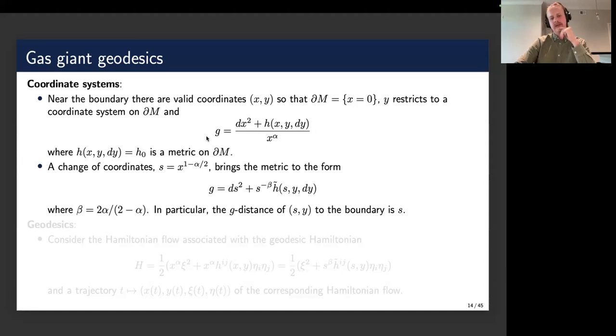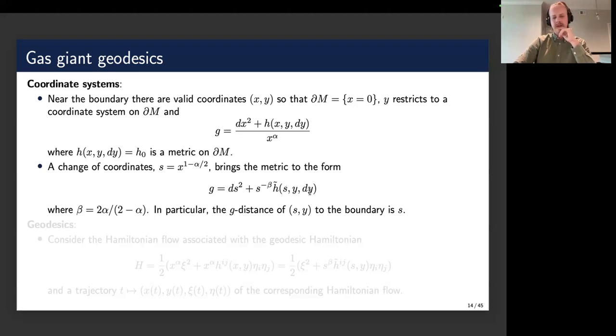These types of coordinates are also available on an asymptotic hyperbolic manifold, but the next type are not. If we do a small change of coordinates here, so let's let s be x to power 1 minus alpha over 2, which is a little bit singular at the boundary, but we can allow this if we are ready to change our smooth structure of the manifold a little bit. So this is all fine.